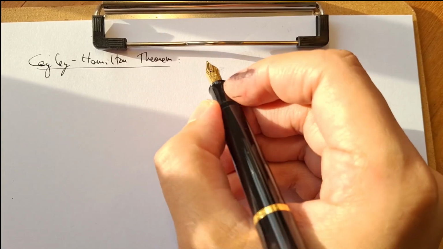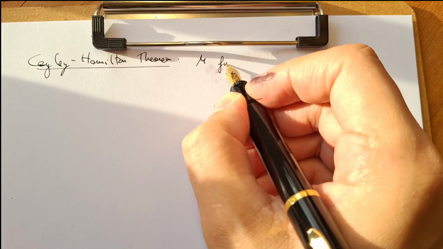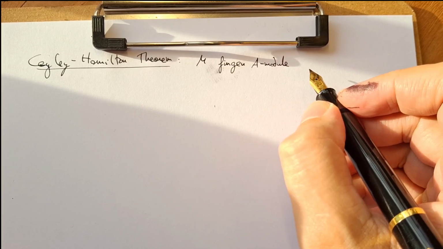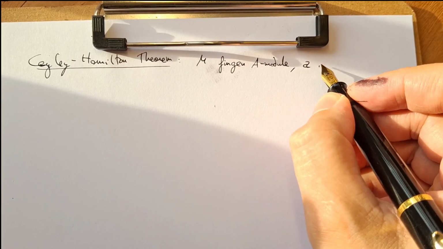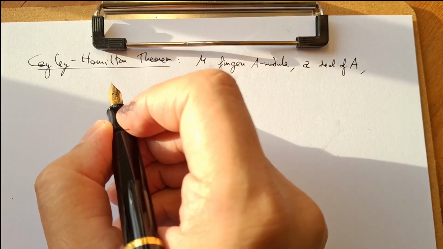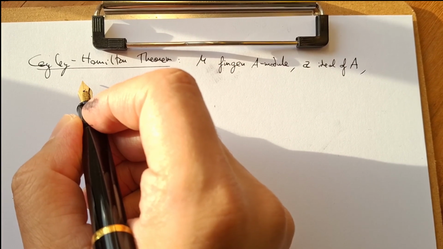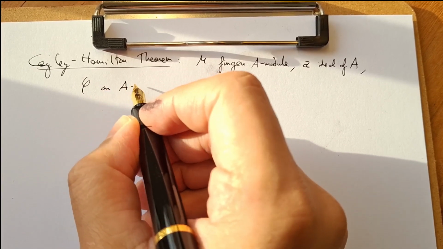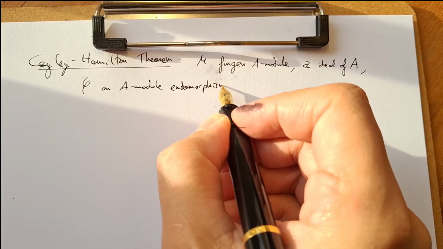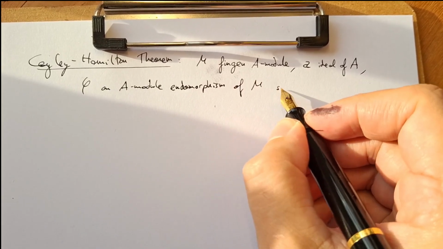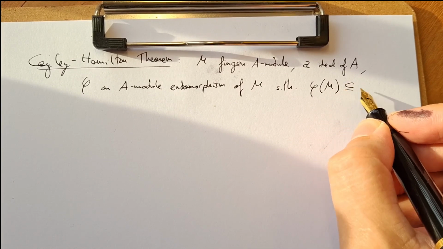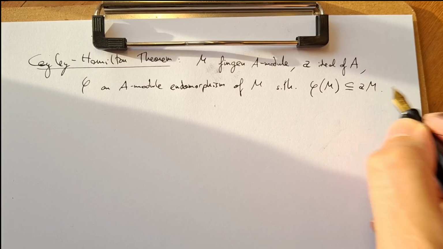What it states is that for M a finitely generated A-module, and a an ideal of A, and also having psi an A-module endomorphism of M such that psi applied to M is a subset of the ideal a times the module M.